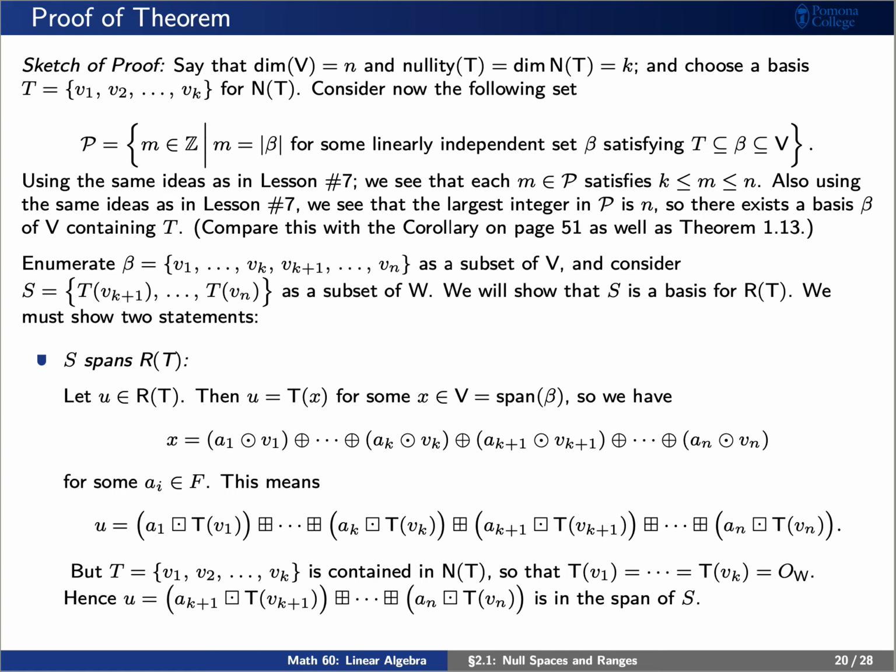This means that the vectors T of v1 through T of v sub k must all be the zero vector in our codomain W. So staring at u here, we only have a linear combination left involving T of v sub k plus 1 through T of vn. But these are simply vectors in S, so this really means that our vector u from the range must be in the span of this set S.